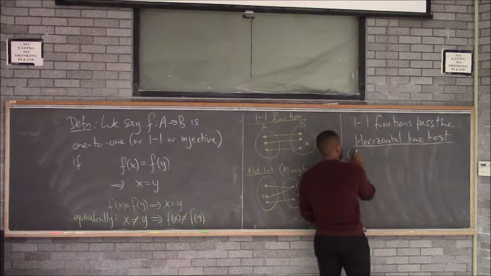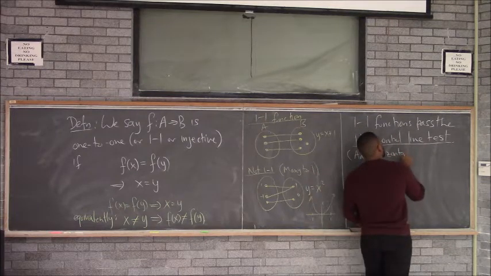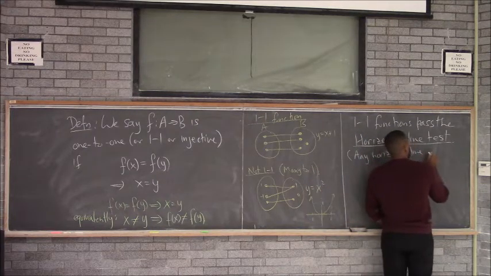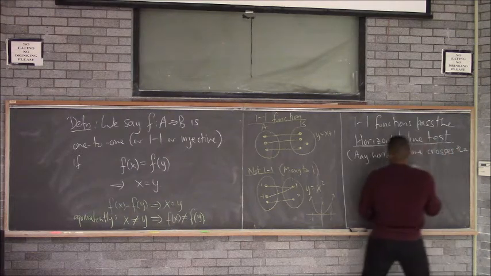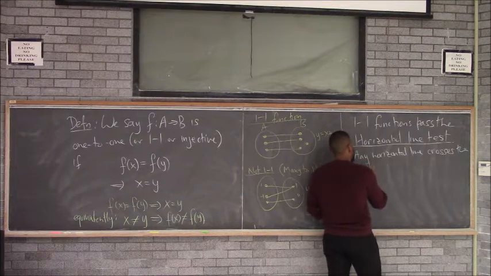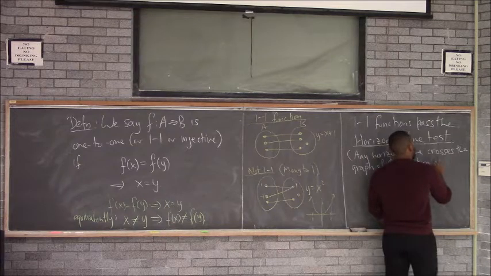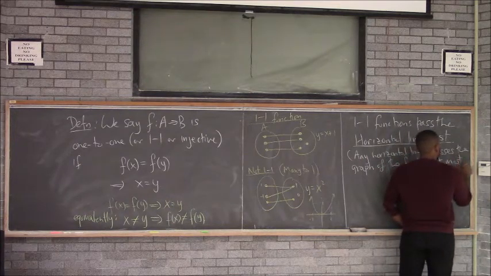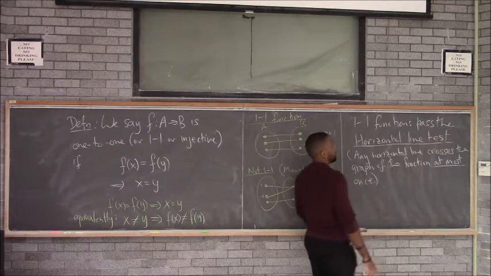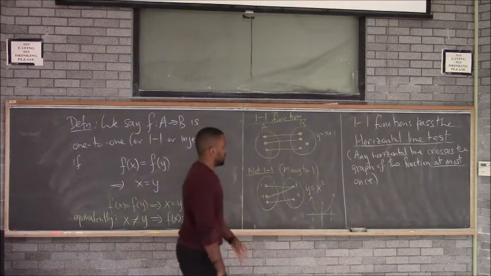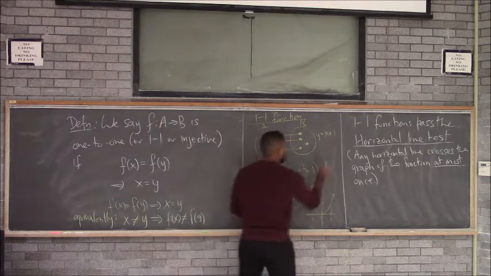This is the test that says any horizontal line crosses the graph of the function at most once. That's the horizontal line. You will notice for this graph, that is actually true.